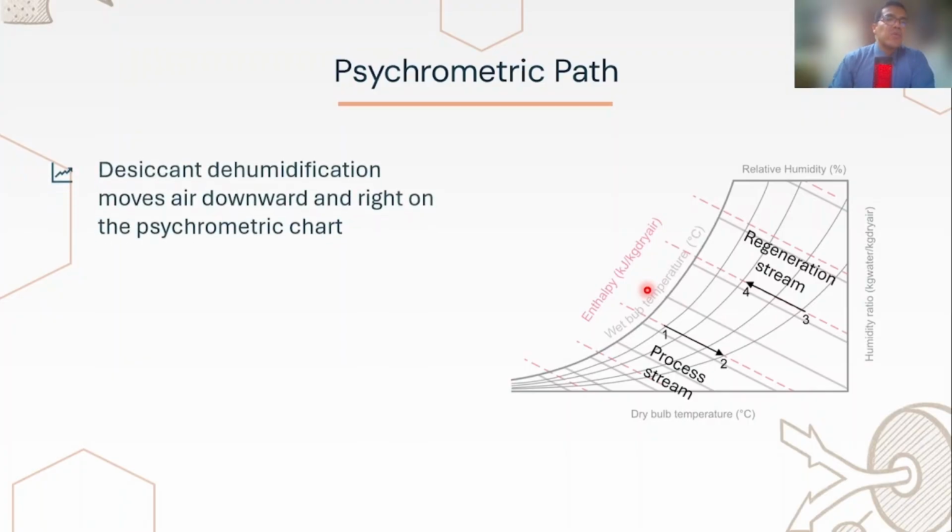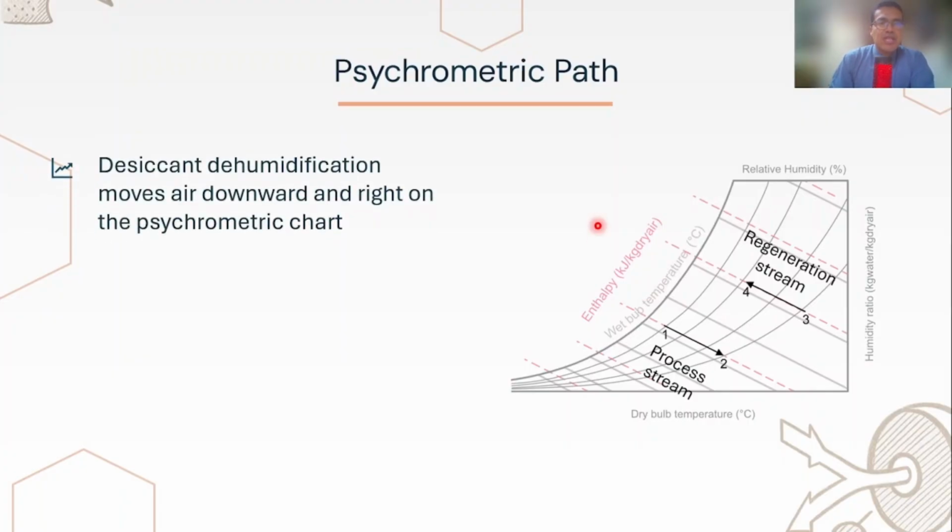In this figure, we can observe the path that the air follows during desiccant dehumidification. The processed air enters at state 1, warm and humid. As it moves to state 2, and this here is ideal, we see a reduction in humidity ratio but an increase in dry bulb temperature.